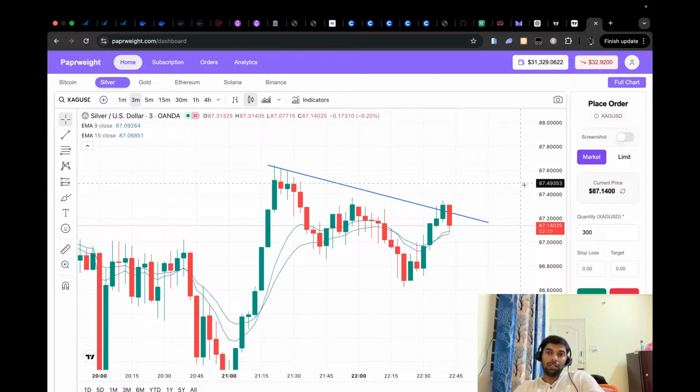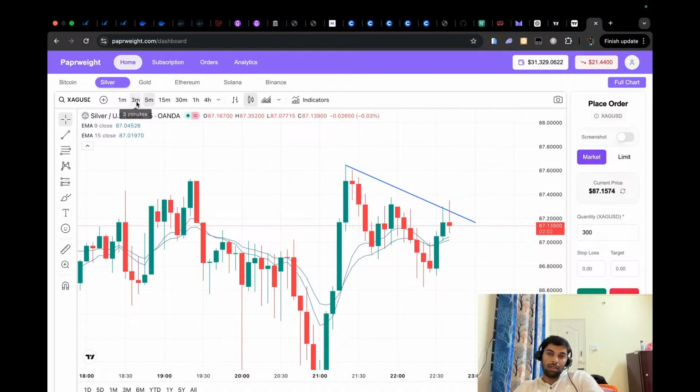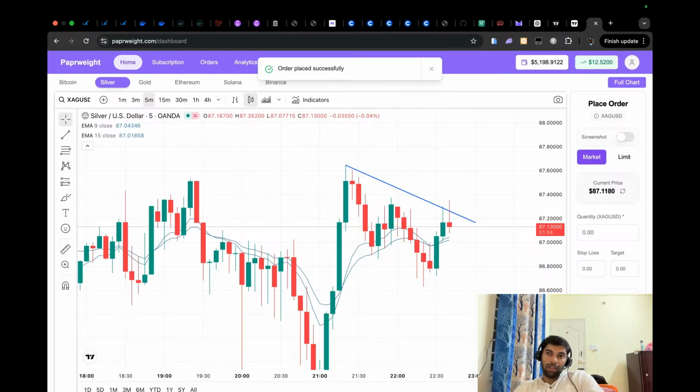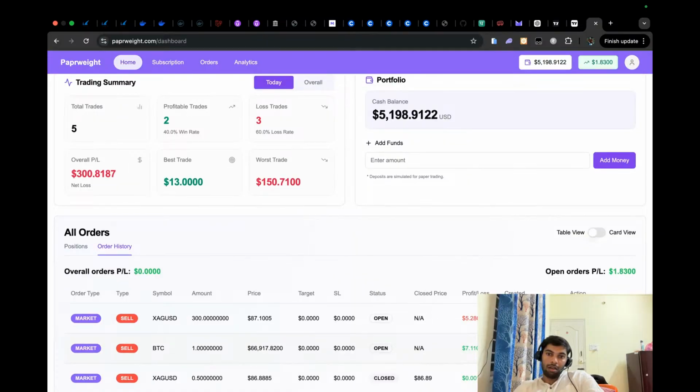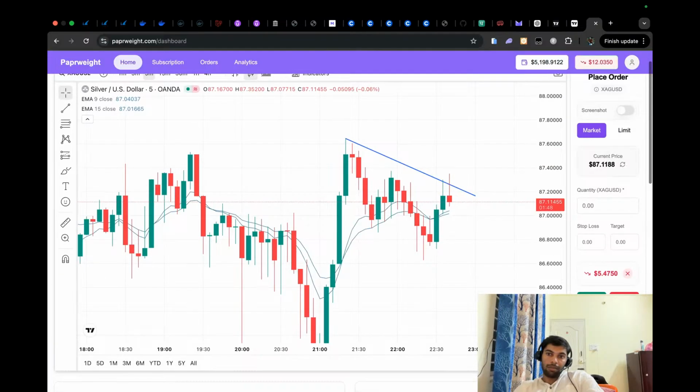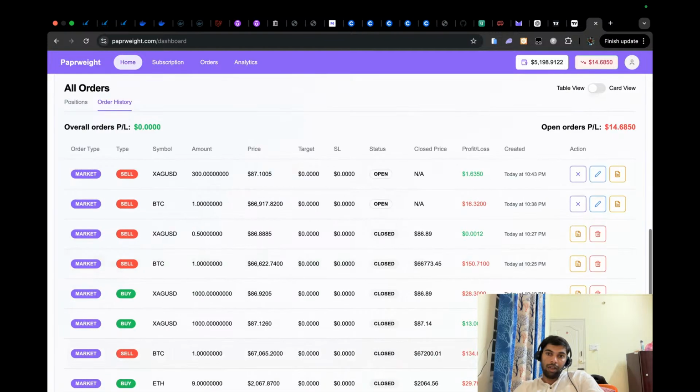Silver is doing good. So, 3 minute, 5 minute. What is happening here? So I'm punching my trade in the selling side. I punched my trade in the selling side. 300 quantity.